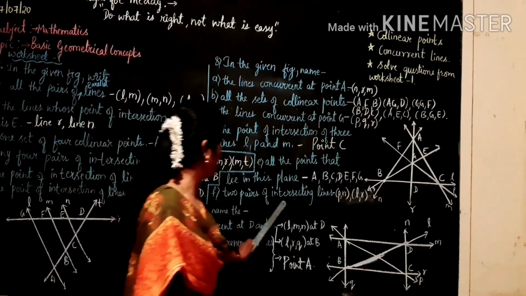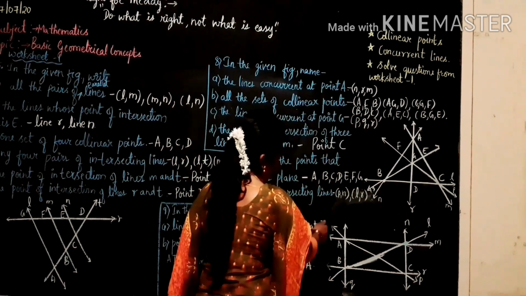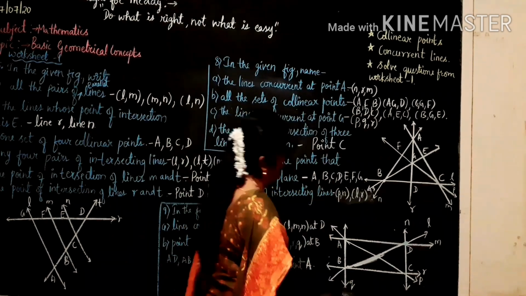Two pairs of intersecting lines. Here I have taken P and N as one pair.